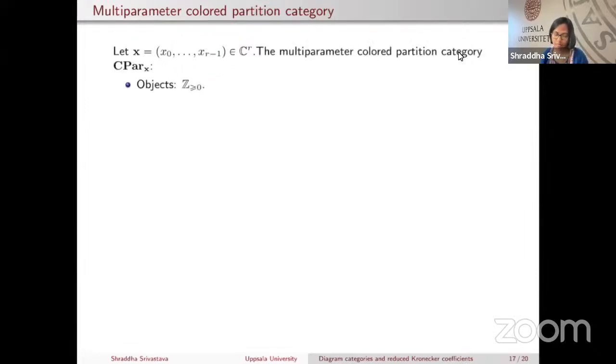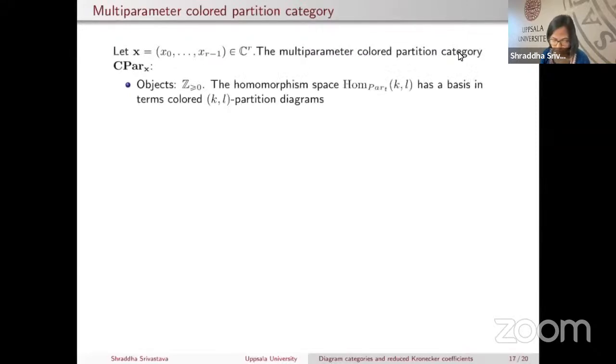Then this category has objects given by non-negative integers, and the morphisms from object L to object K are linear combinations of K-L colored partition diagrams.